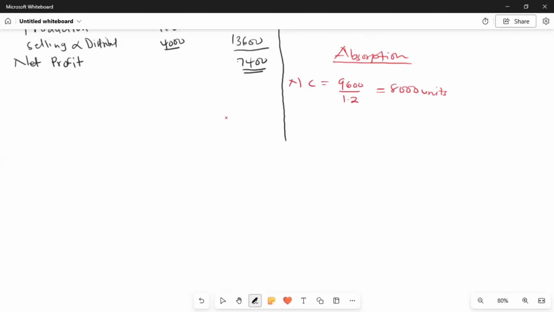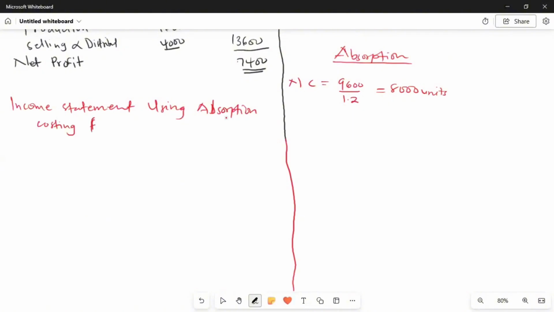So let's start the absorption costing for January. So here we have the income statement using absorption costing for the month of January.